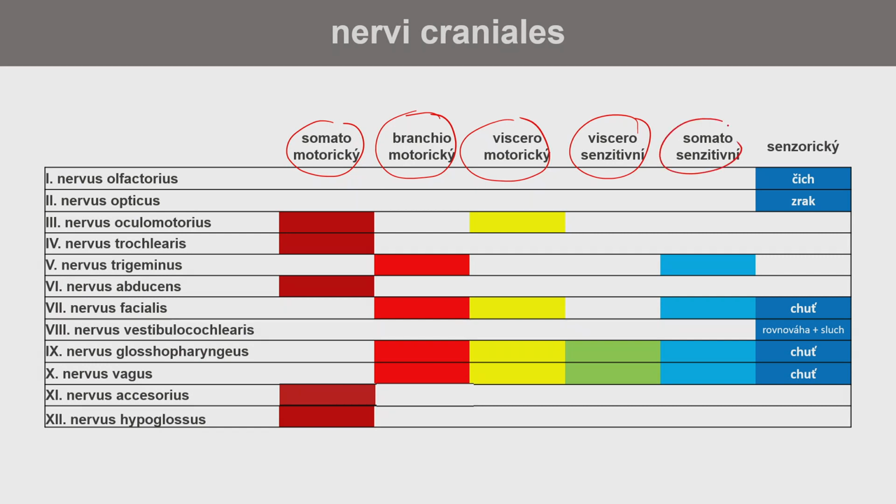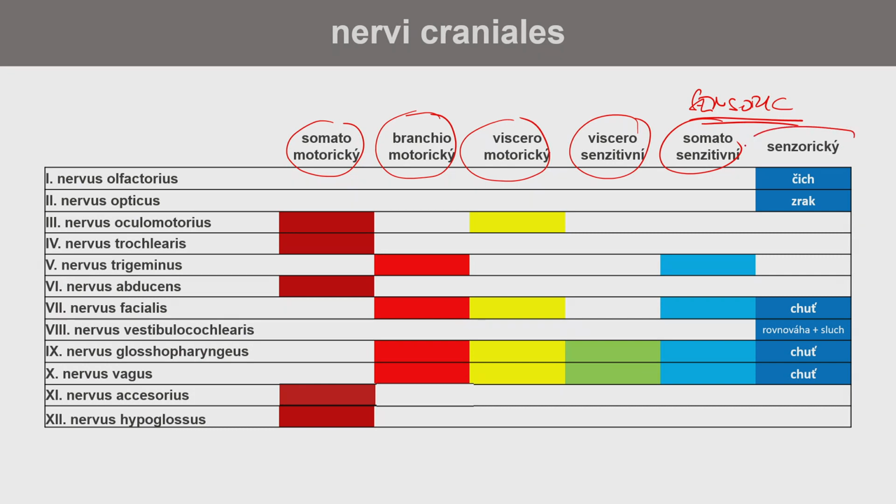Then we have somatosensory. Somatosensory, we know from the extremities and trunk, where they obtain information about tactile discrimination, but also about conscious proprioception. So it is information about skin sensations and sensations from the muscles, tendons and ligaments.